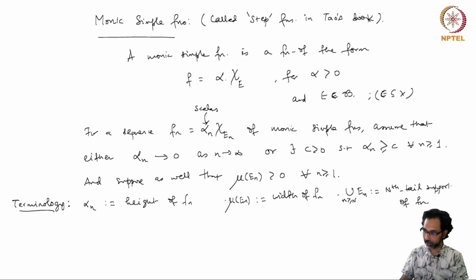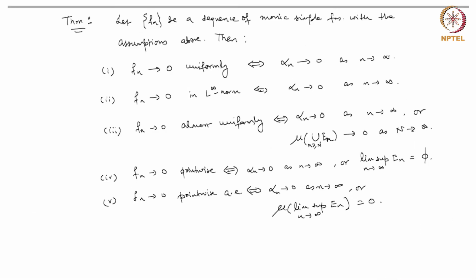So now we are ready to state our theorem. The theorem gives you a characterization of when this sequence of monic simple functions converges to 0 in all these 7 modes of convergence, in terms of the heights, widths, and the behavior of the nth tail supports of this sequence of functions.